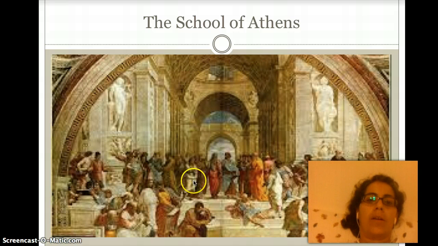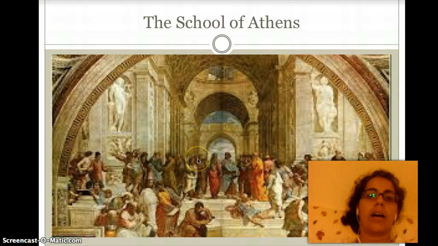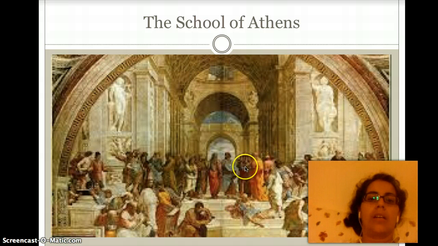So when Raphael depicts Plato pointing upwards, he is talking about this hierarchical belief of epistemological and metaphysical qualities that have to do with the forms, the Platonic forms being the highest kind of reality.